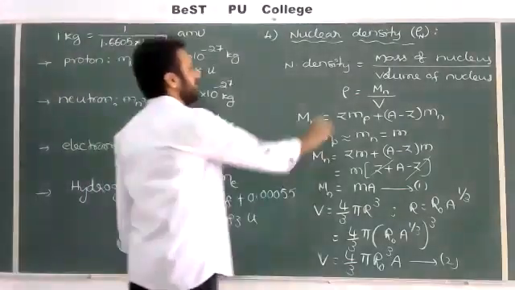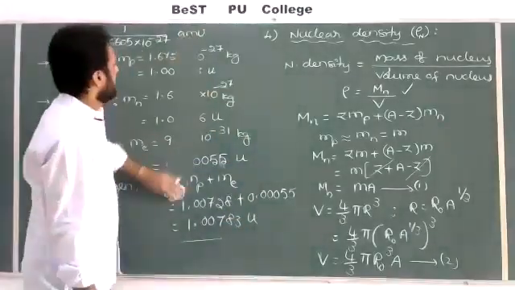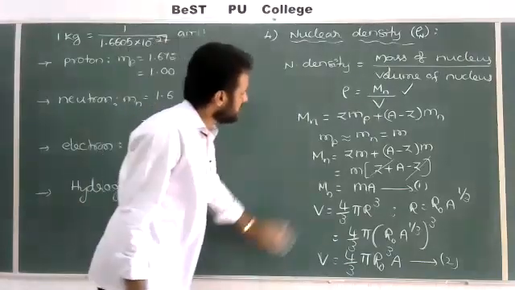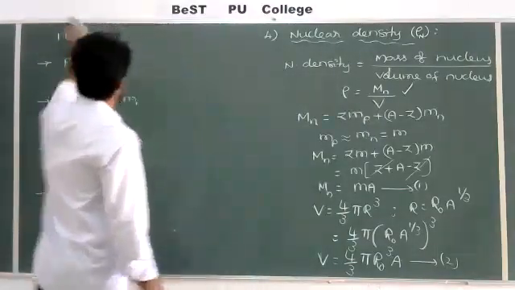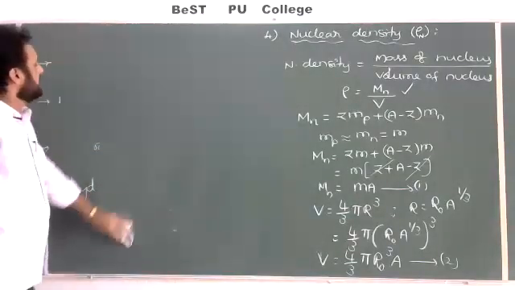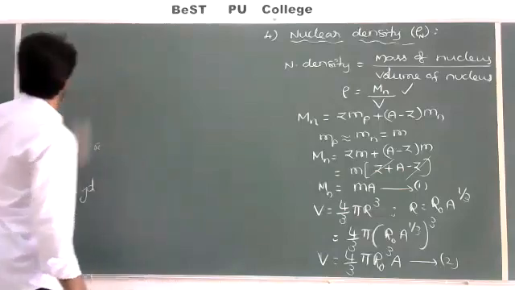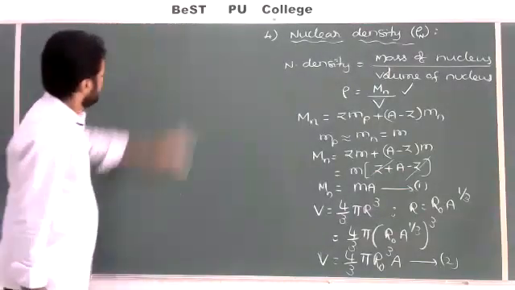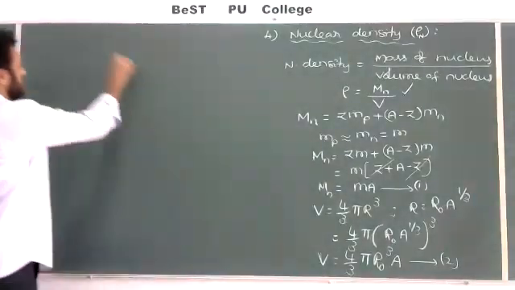Now these two you have to substitute in this formula. Density is equal to mass by volume. We have obtained the mass of the nucleus and also the volume of the nucleus. Both formulae we have to substitute in the main formula. Density is equal to mass by volume. So I'll substitute here.